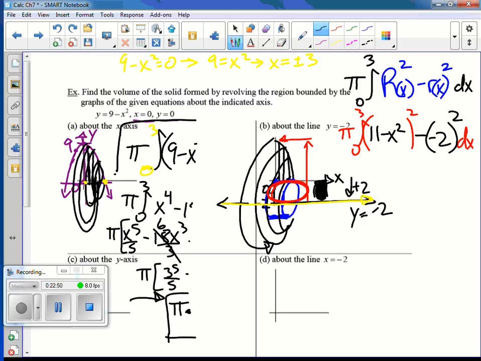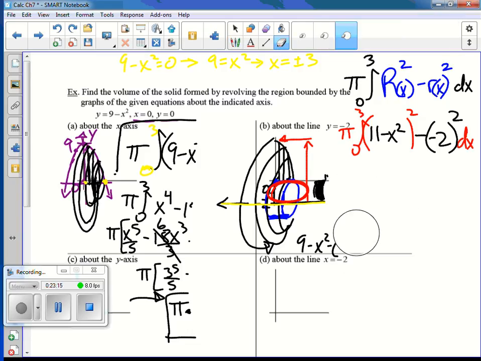We needed to add 2 units to 9 minus x squared, which gives us 11 minus x squared. So you can think of it that way. Or you can just think of it as I just mentioned: you do top minus bottom, which is 9 minus x squared minus the -2, and that would give you this big radius. All right, and so now let's do the math.